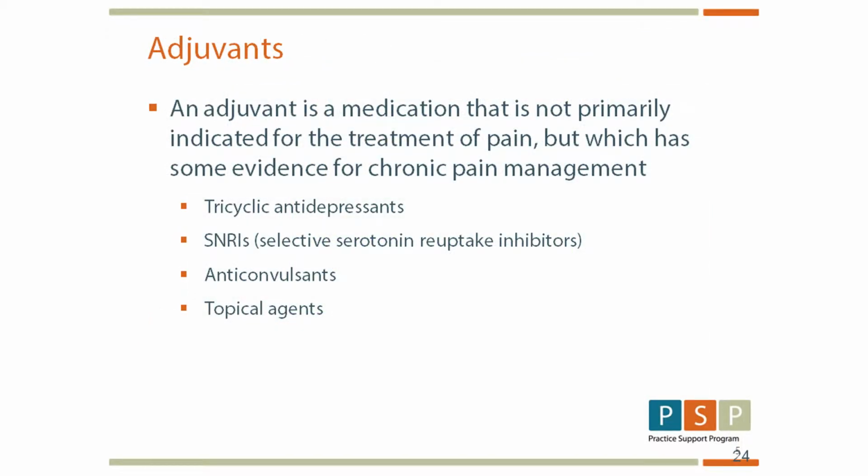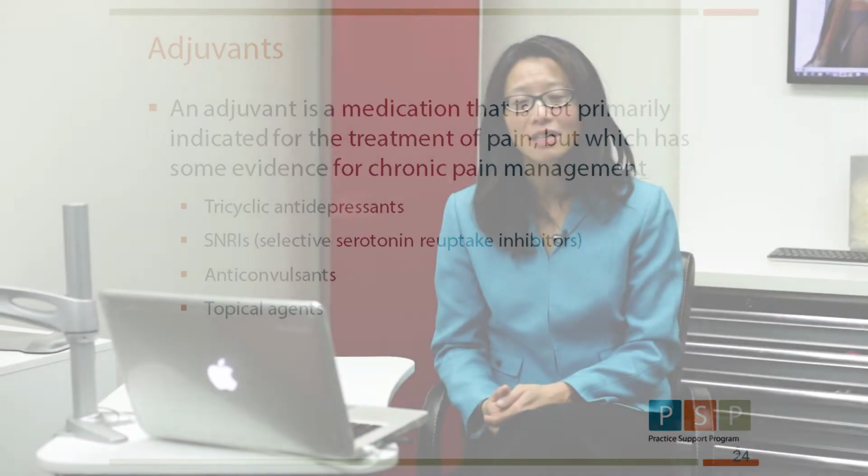So what is an adjuvant medication? It really is any medication that wasn't primarily indicated for pain management, such as you see in these four groups: tricyclic antidepressants, selective serotonin reuptake inhibitors, the anticonvulsants, and some topical agents.